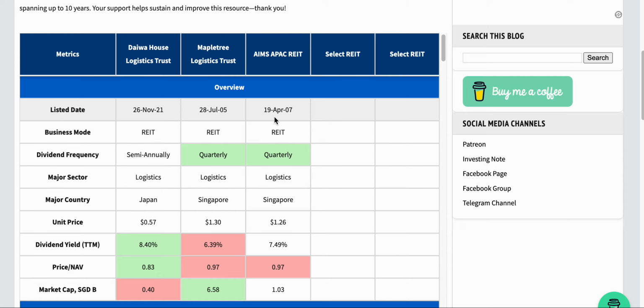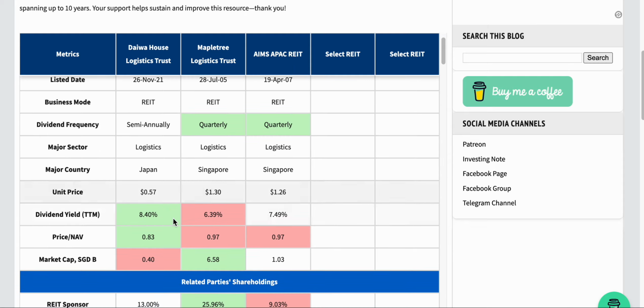AIMS is quite a popular logistics REIT as well, right? So we are looking at dividends, clearly, Mapletree Logistics is the lowest, probably because it's the biggest, right? You can see the market cap is so big, $6.58 billion. Daiwa is so small, about $400 million only.